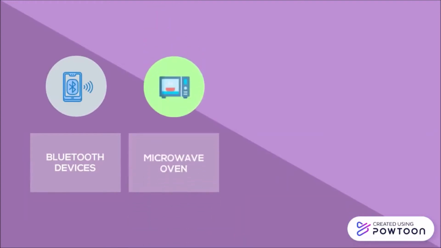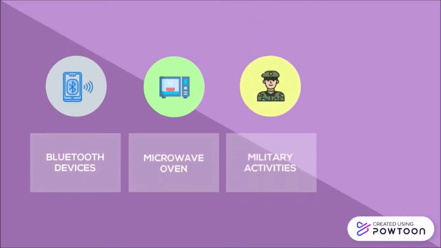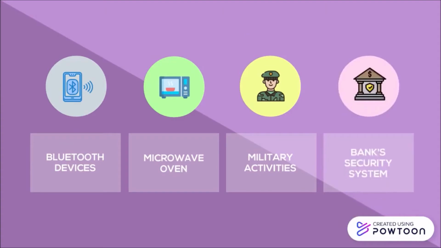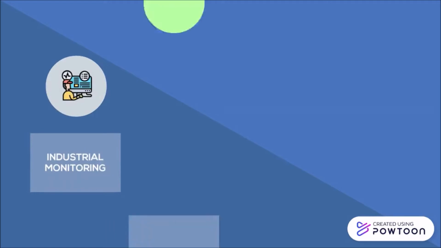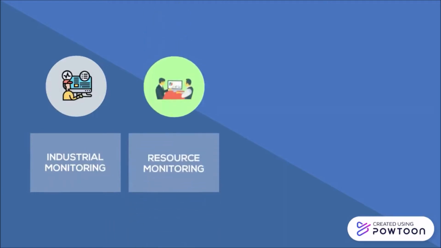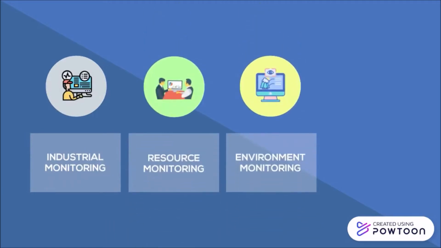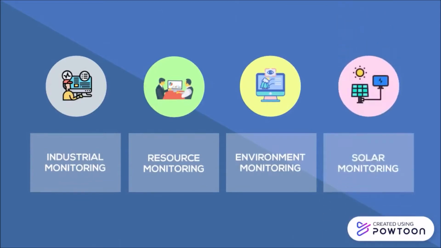Other than that, it is used in military activities as well as the security systems in banks. TinyOS can also increase the efficiency of various monitoring, for instance, industrial monitoring, resource monitoring, environment monitoring, and solar monitoring.